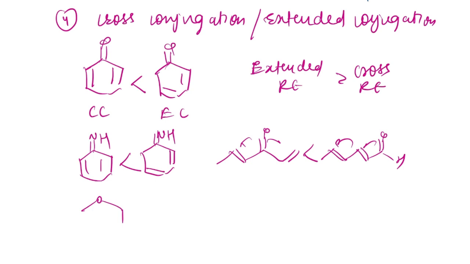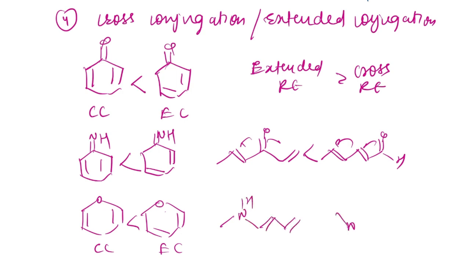Some more examples of cross and extended conjugation. Let's see what could be the more possible examples. This is cross conjugation, this is extended conjugation. This is extended conjugation, this is cross conjugation.